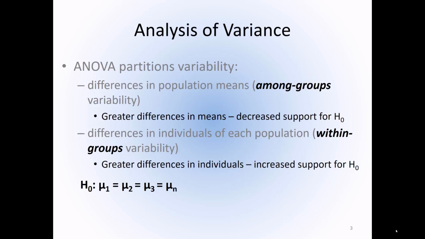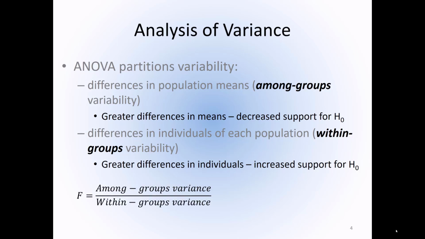If we tend to get greater differences among the groups, then we have less support for our null hypothesis, greater chance of rejecting it. If we've got greater differences within the respective groups, then we've got increased support for the null hypothesis.